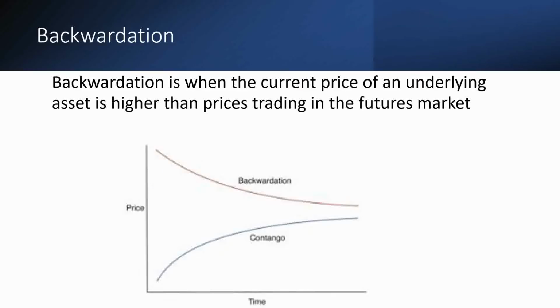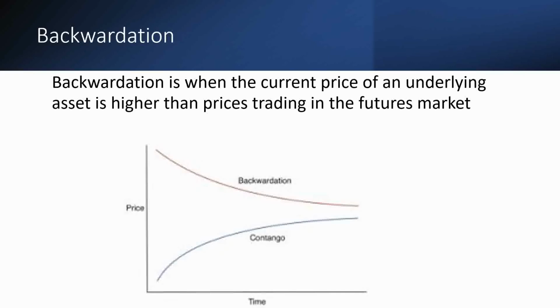Now the next one is backwardation. Backwardation happens when the current price of an asset is higher than the price in future. So the obvious question that comes to mind is, when does this happen?